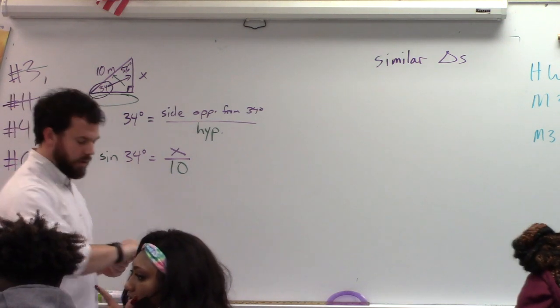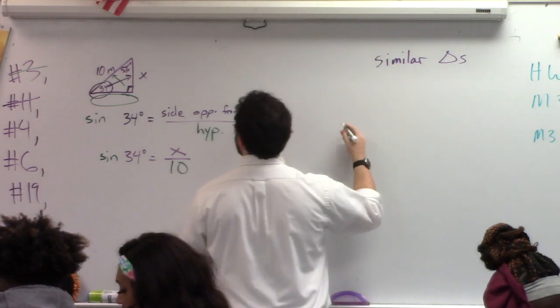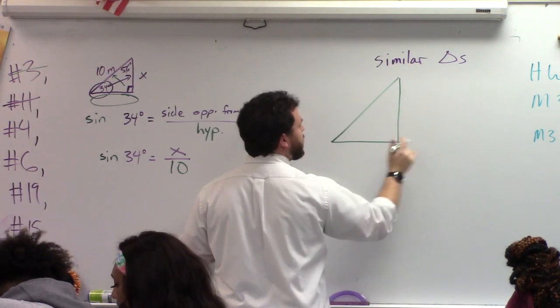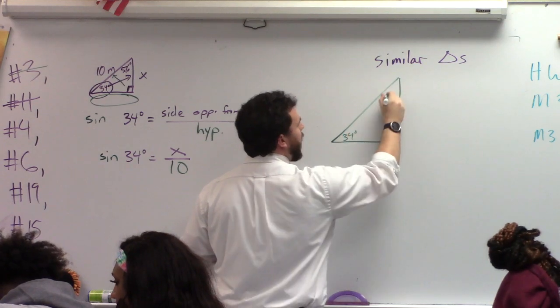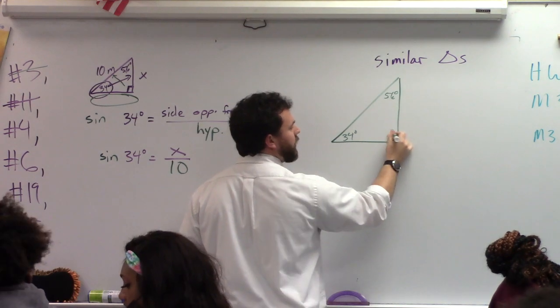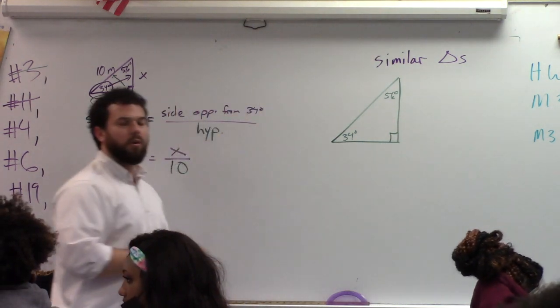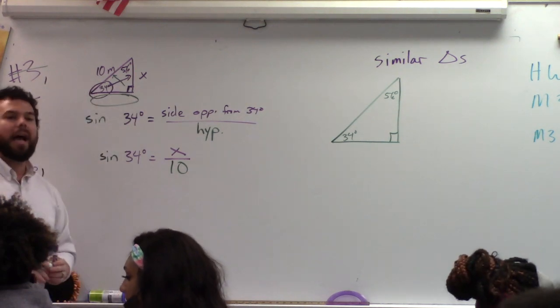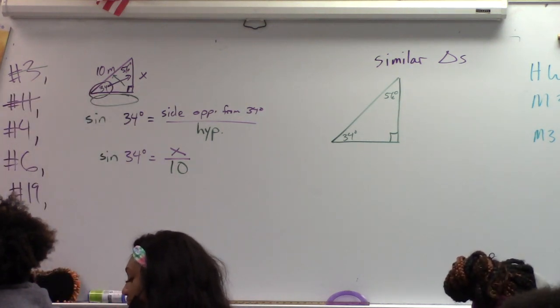I don't know exactly what the ratio is, but is the ratio ever going to change for a 34, 56, 90 degree triangle? No. The ratio of the opposite to the hypotenuse will never change. So how can I figure out what that ratio is?